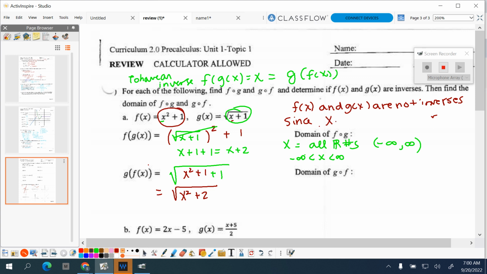Since x plus 2 does not equal a square root of x squared plus 2. Now let's look at the domain of x squared plus 2. I just set that equal to 0.